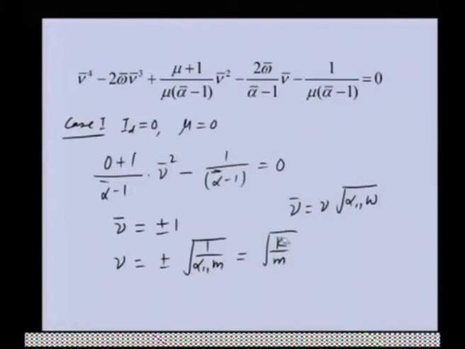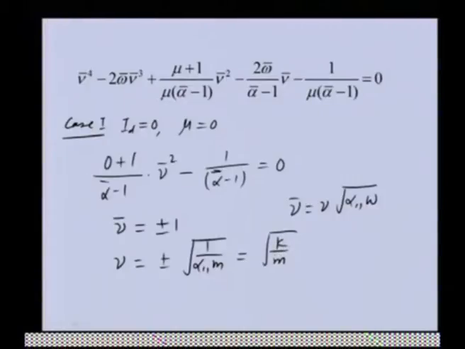You can see that this is the standard stiffness divided by m as the frequency. So, when there is no disk effect, that is a point mass, we get the natural frequency which is independent of the speed. In this particular polynomial, you can see the whirl frequency is dependent upon speed. Some speed terms are there, but if this effect is not there, then this whirl frequency is independent of the speed.